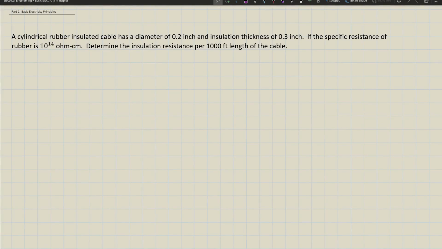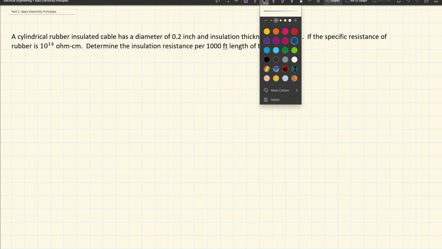For this problem, a cylindrical rubber insulated cable has a diameter of 0.2 inch and insulation thickness of 0.3 inch. If the specific resistance of the rubber is 10 to the 14 ohm centimeter, determine the insulation resistance per 1000 feet length of the cable. Let's draw first the insulated cable.